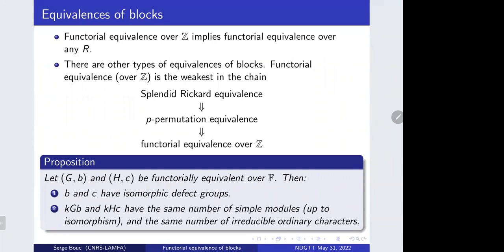So it means that if the functors are isomorphic, the defect groups are the same, and that's the reason why. But I agree that it's a bit counterintuitive, but that's the way it is.